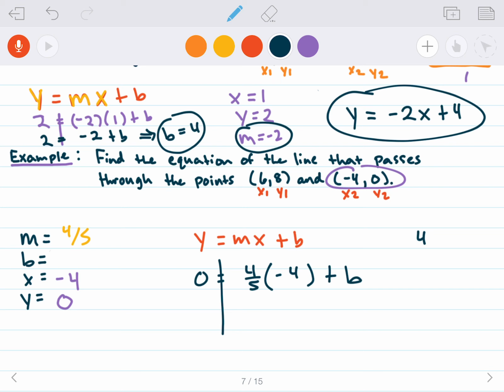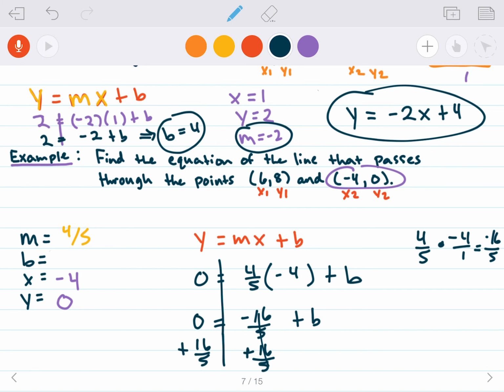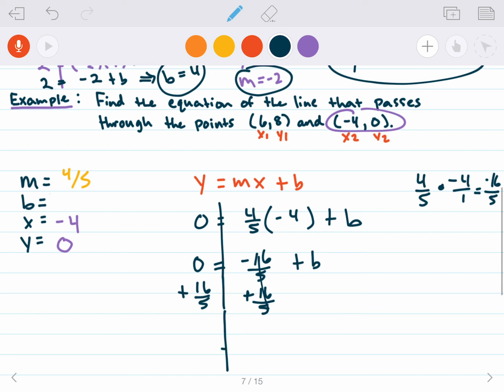So if we multiply 4 over 5 times negative 4, that's the same thing as negative 4 over 1, multiply straight across and get negative 16 over 5. So let's rewrite that. 0 equals negative 16 over 5 plus b. And to undo subtraction of 16 over 5, I can add 16 over 5 to both sides to isolate b. And I get my answer of b is equal 0 plus 16 over 5 is just 16 over 5.